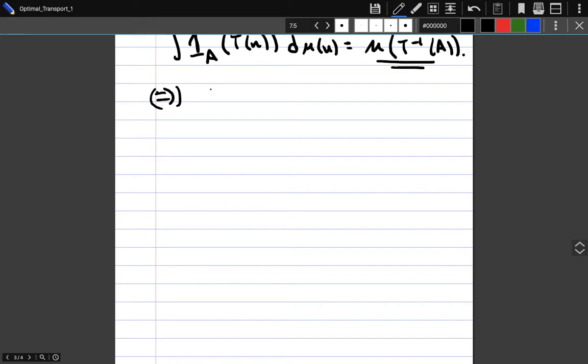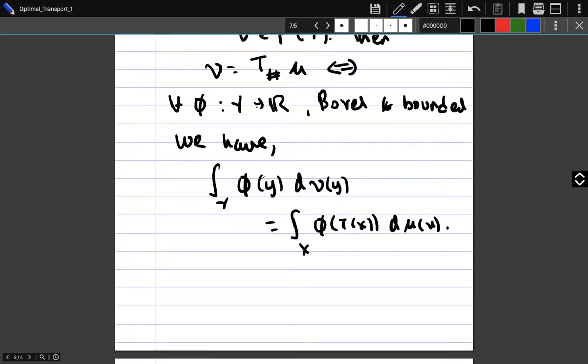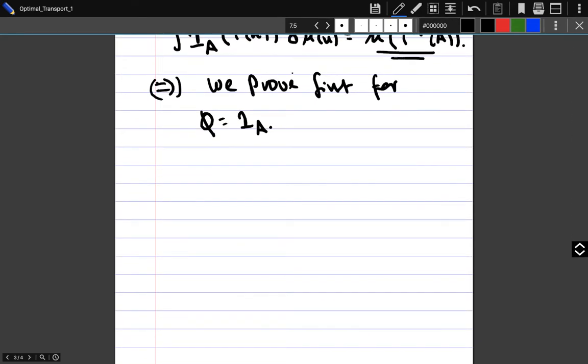So you start with just the indicator function. So we prove first for phi which assumes this form. We'll assume that it's an indicator function which is defined on Y and takes a real value. So an indicator function takes the value 1 or 0.